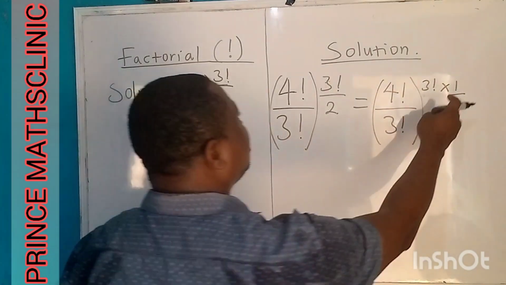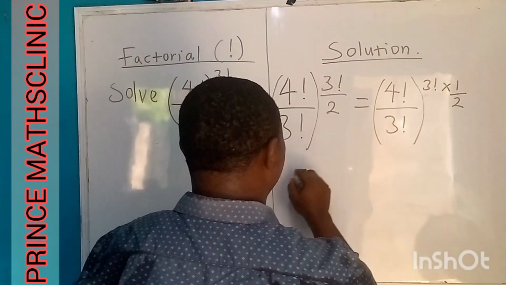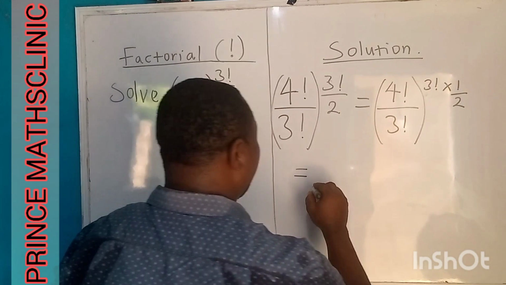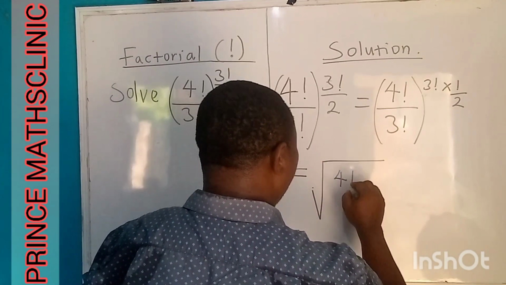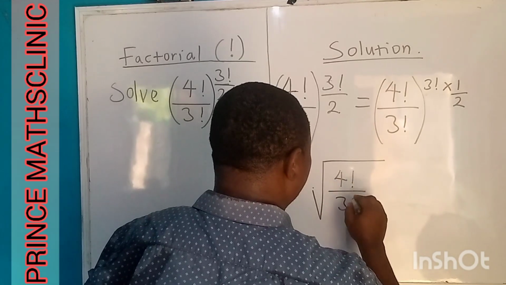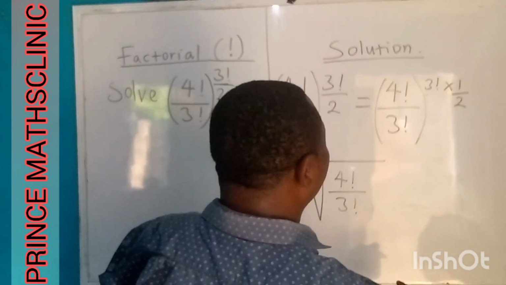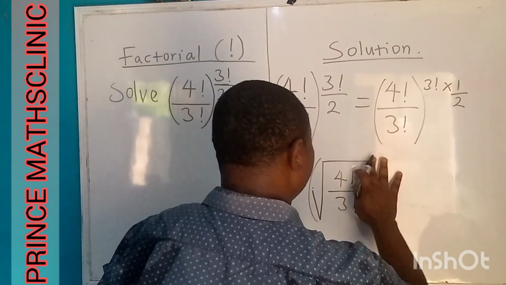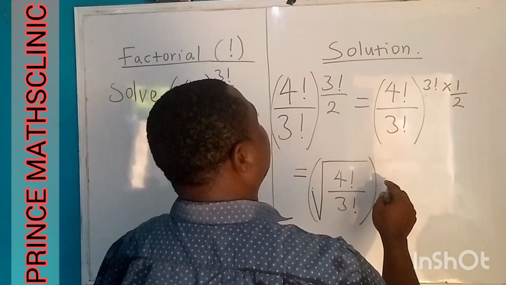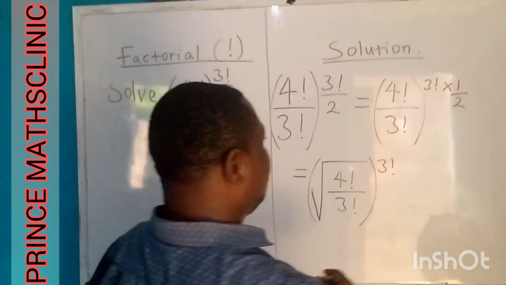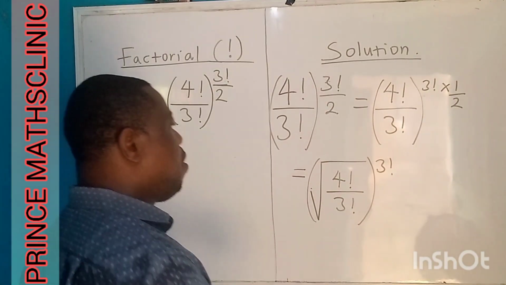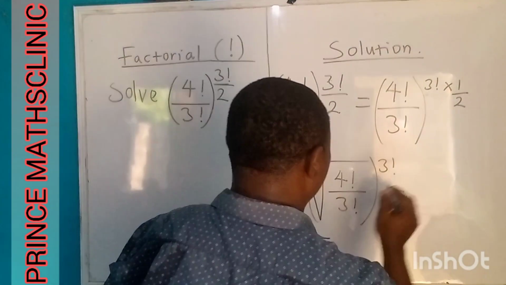And we know that anything raised to power half is square root. So therefore, it's the same thing as 4 factorial over 3 factorial, then the result I get to the power of 3 factorial.